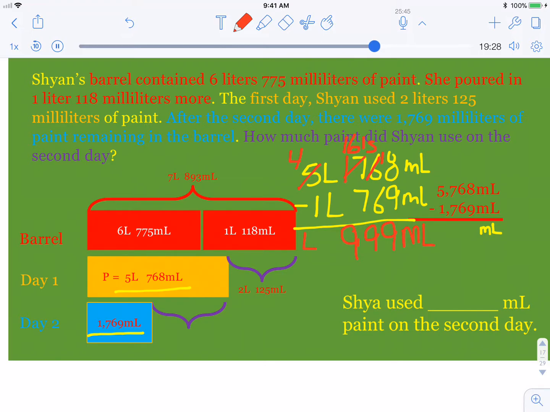So, Shaya used 3 liters, 899 milliliters on the second day.